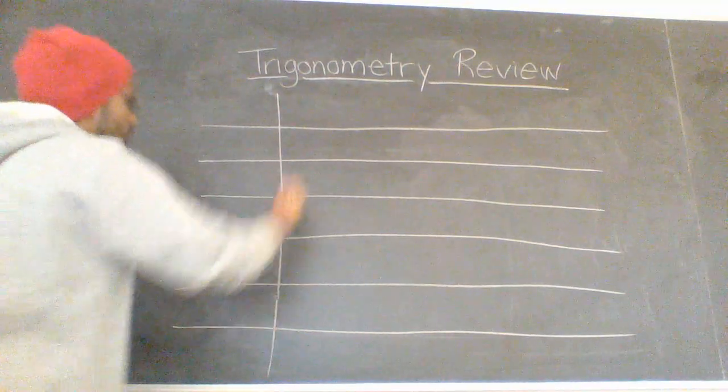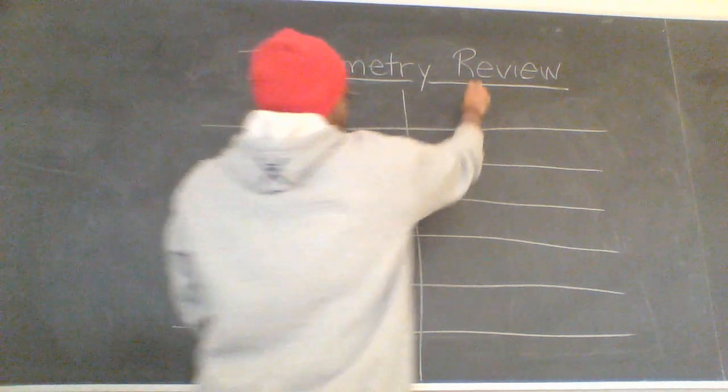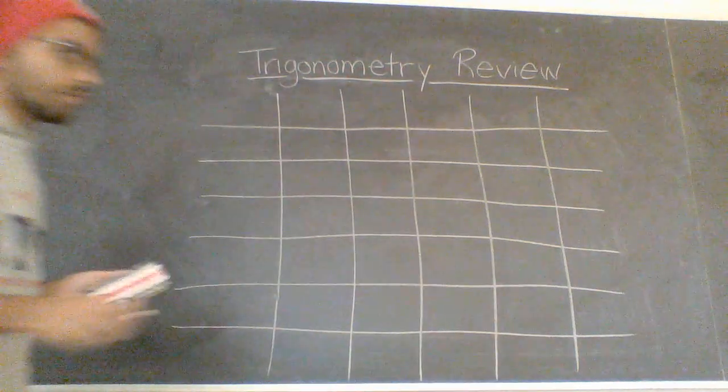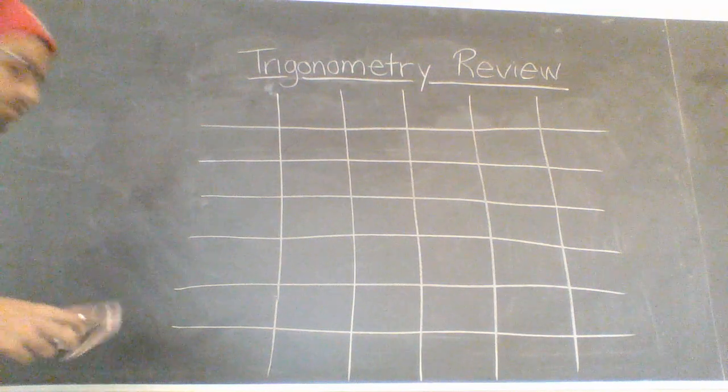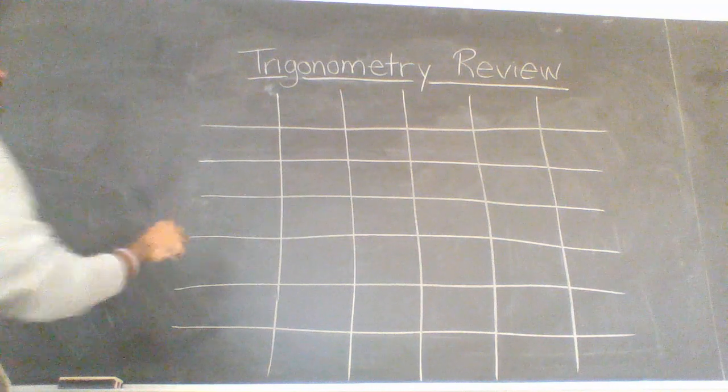And then we go this way. Something like that. All right, so this is what you need to draw on your page. You want to have 7 rows and 6 columns.